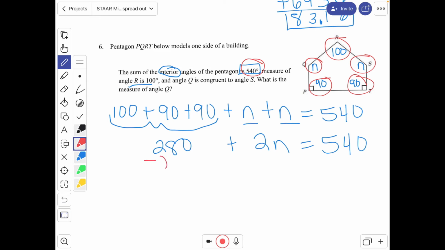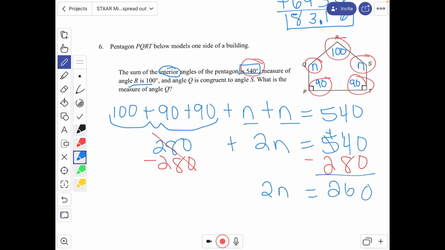First step is to subtract. I'm subtracting the constant, the number that does not have a variable. Those cancel. So the only thing on the left side is 2n. And on the right side, I get 260. The next step is to get the n by himself.